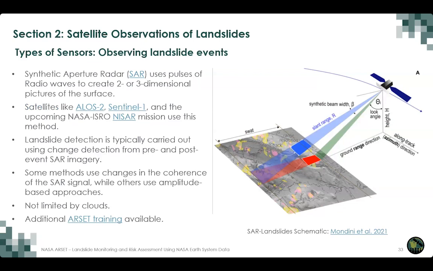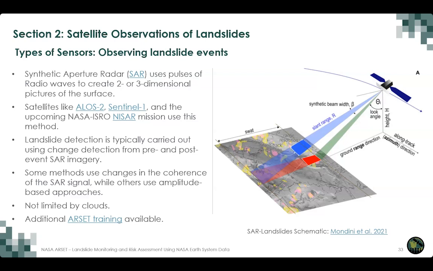The science behind this is extremely clever, and I'm delighted that landslide scientists have been able to use this now to effectively characterize where landslides have occurred. And I would strongly encourage those who are interested to take the additional ARSET training available. The big advantage here is that SAR can see through clouds. It's not limited by cloud cover, and so we're able to image the entire surface of the Earth day or night with this data set.